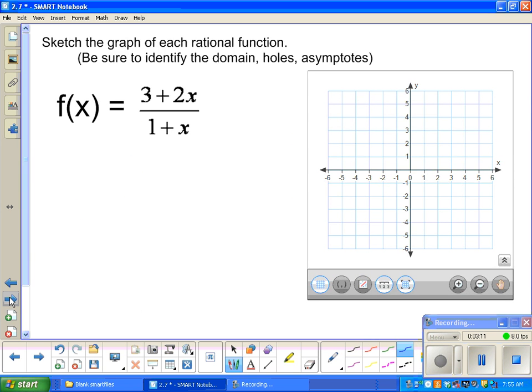I'm going to start with our domain. Again, it will be all real numbers, x not equal to -1. It's factored and simplified, so we have a vertical asymptote at x equal -1. Put that on there.